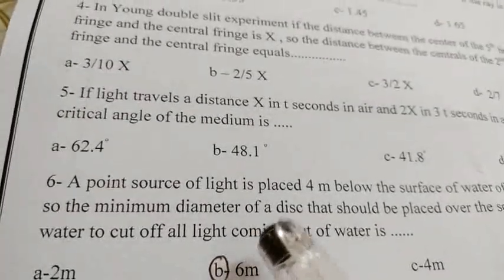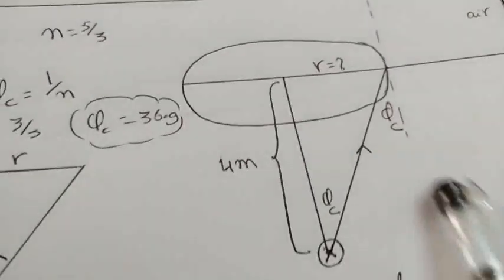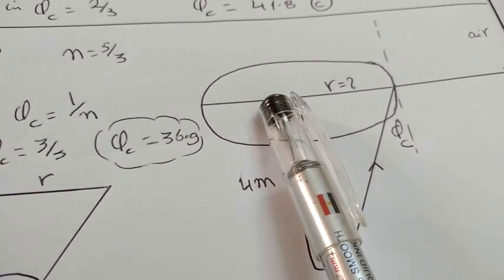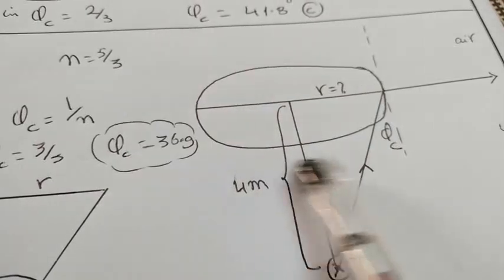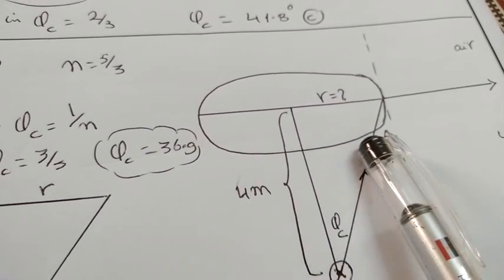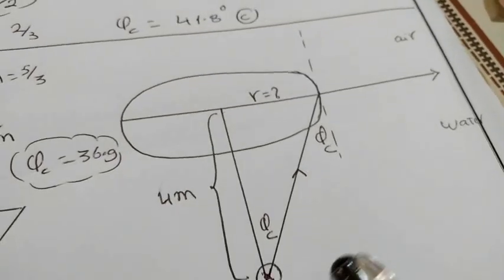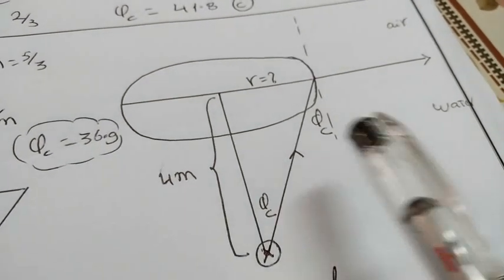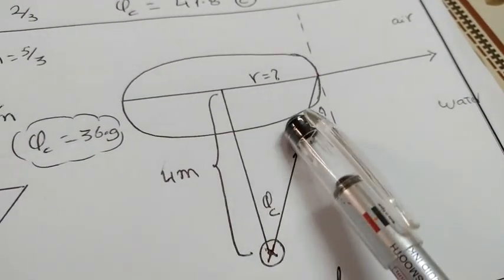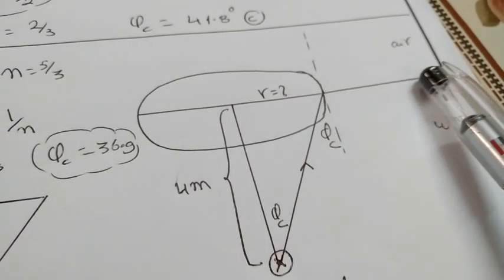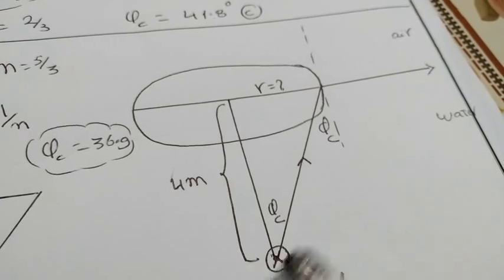In this case, we have the critical angle case. So this is a source of light at a depth of 4 meters from the water surface, and this is the disk which blocks the light from coming out. And we have the critical angle case, so the light ray will fall with an angle equal to the critical angle, so it will emerge tangent to the separating surface.